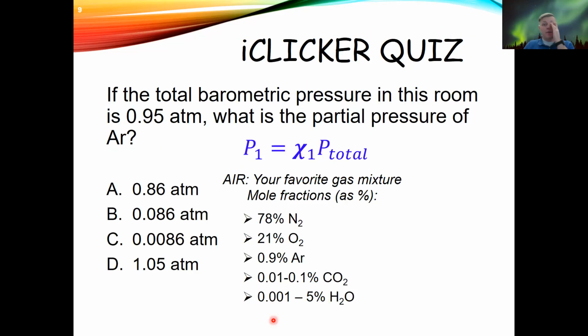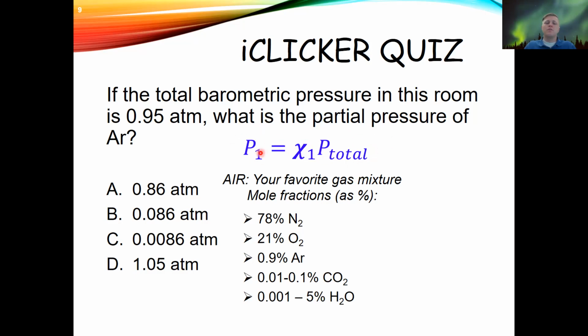Let's let you practice with this idea. Let's say that you are sitting in a lecture hall in Provo, Utah, and that the total barometric pressure in the room is 0.95 atmospheres because we're a little bit above sea level. What is the partial pressure of argon? For this question, I'll tell you that the partial pressure is equal to the mole fraction times the total pressure.